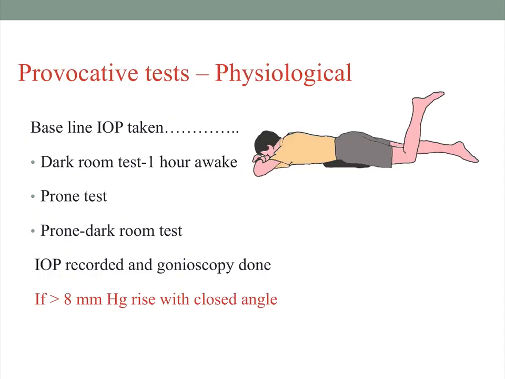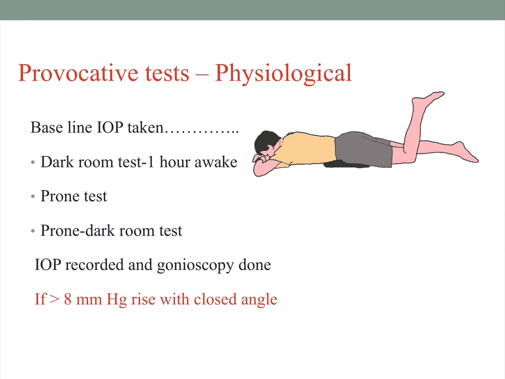Provocative tests are of two types, physiological and pharmacological tests, which are done in cases of primary angle closure suspects. Here, the attack is precipitated with the help of either a physiological process or a pharmacological test. The baseline intraocular pressure is taken and then the patient is taken in a dark room so that the pupils become semi-dilated.